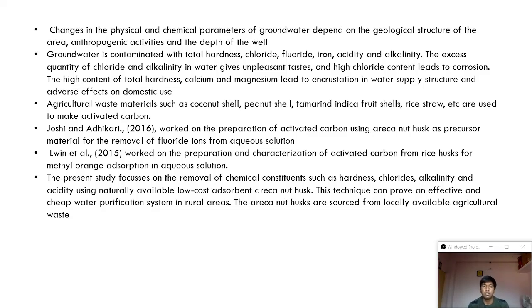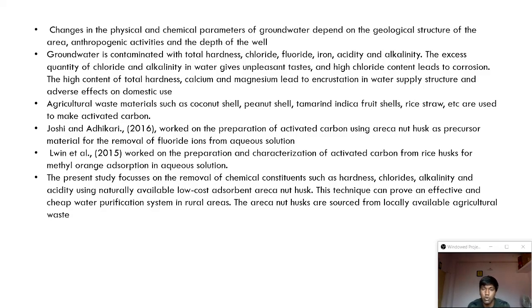But hard water contains calcium and magnesium bicarbonates, and total hard water contains fluorides and chlorides, which are very harmful to our body and cannot be used domestically.